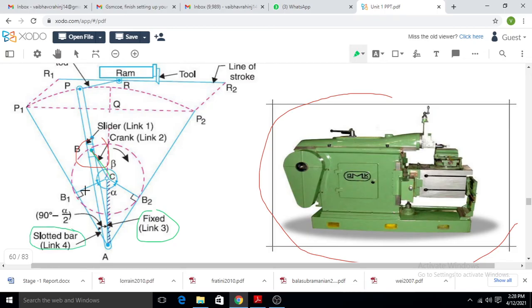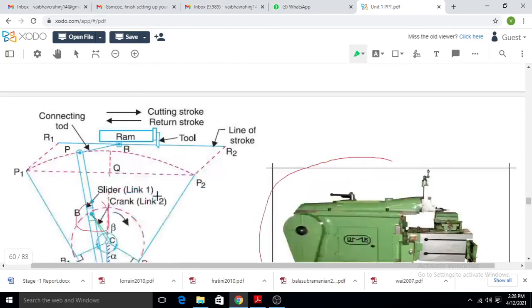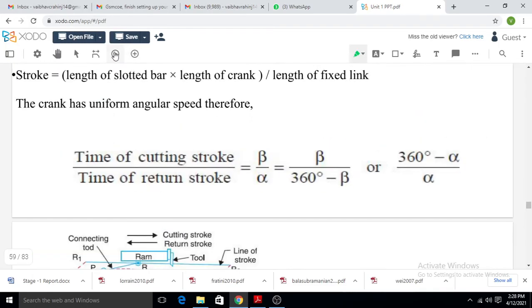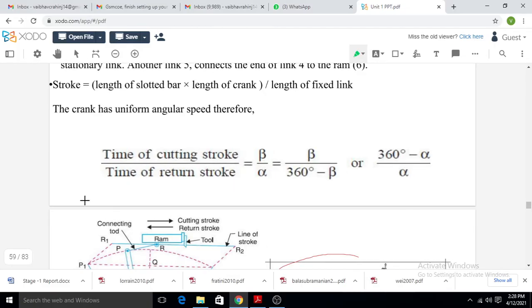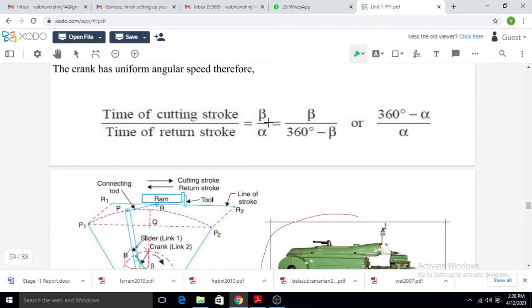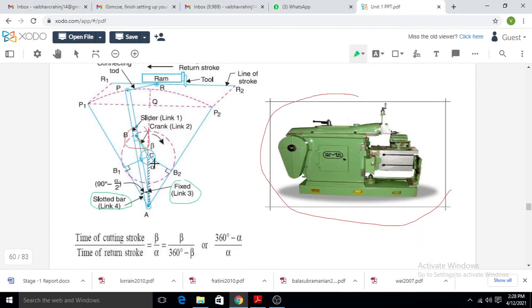Here we obtain one formula: time of cutting stroke divided by time of return stroke is equal to angle beta by alpha. Okay, here is angle beta and here is angle alpha.